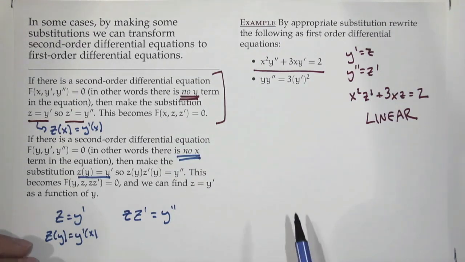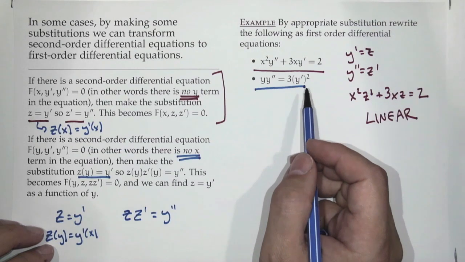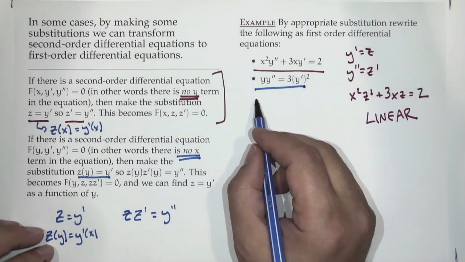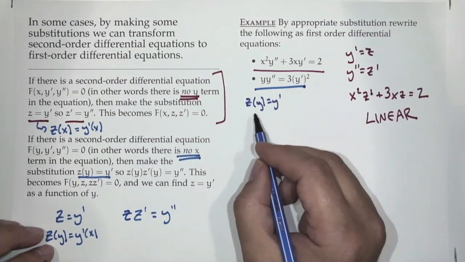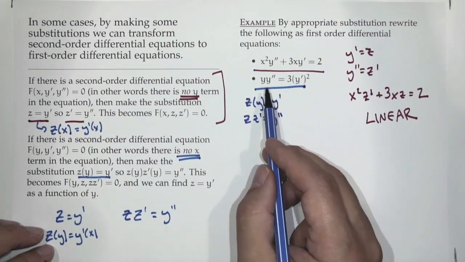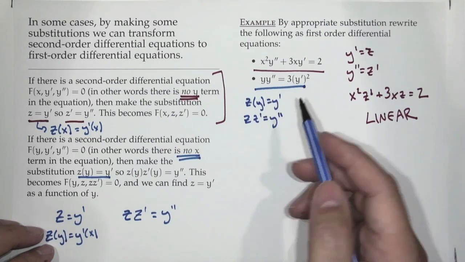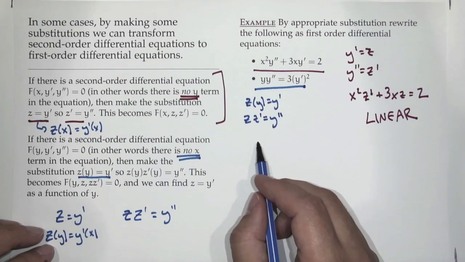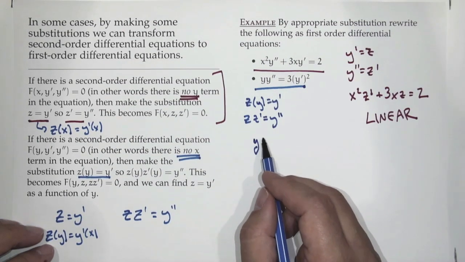All right, well, let's try here. No x. So, again, follow the procedure. Z of y equals y prime. We get z, z prime equals y double prime. So, y will become what? It'll stay y. We don't have anything to do with that.